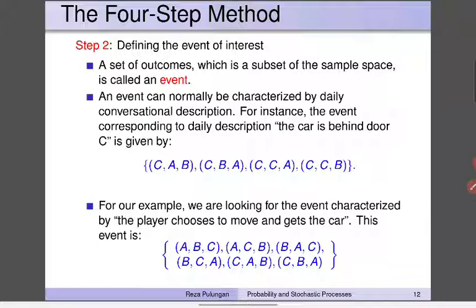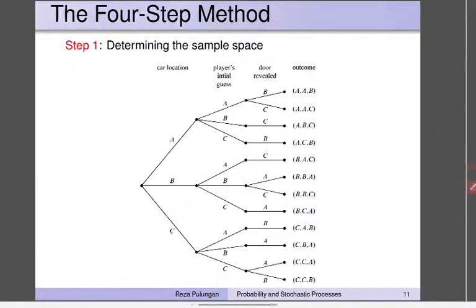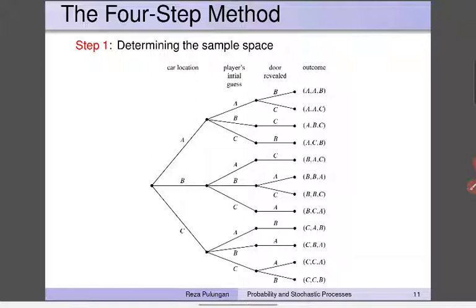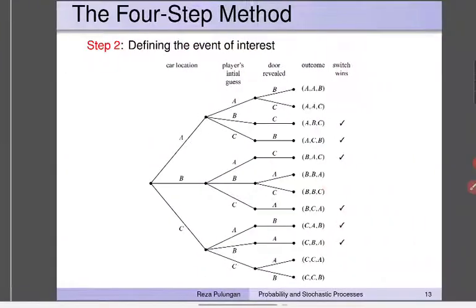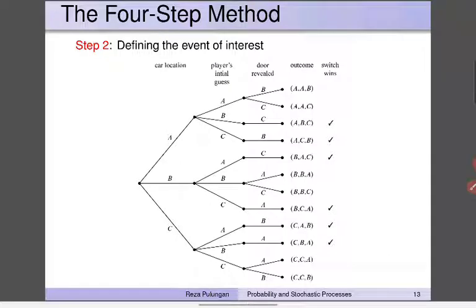This is an event. Now for our example, our event of interest is a little bit different. We are looking for the event characterized by the player chooses to switch and gets the car. If we look back again to this tree diagram, one of the examples in this event of interest is ABC. Let's look at this example, ABC. What happens here?